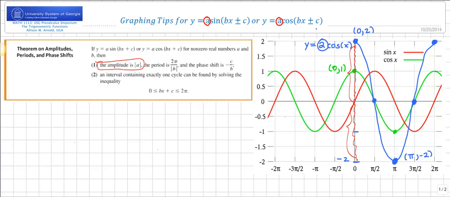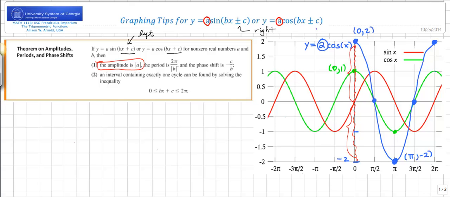Now the period, in order for you to discover this, this is set up in the theorem in the book, bx plus c, but you could do bx plus or minus c. If there's a plus here, the shift is to the left. If there's a minus, the shift is to the right, and that's consistent with horizontal shifting.